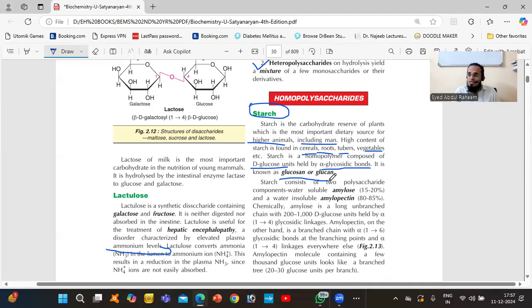So starch is derived from plants: cereals, roots, vegetables, everything.